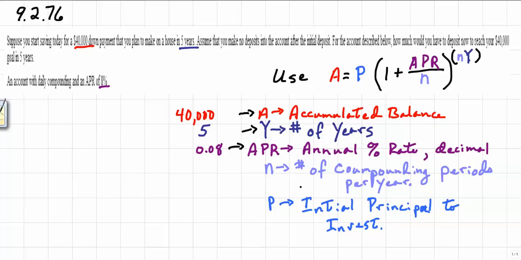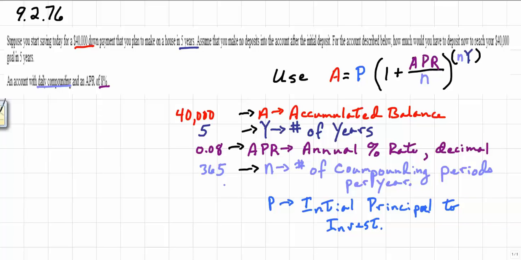And the last thing that we need to look at is the number of compounding periods per year. That's our N, and we note that for the compounding periods it is going to be a daily compounding, which is going to be 365.